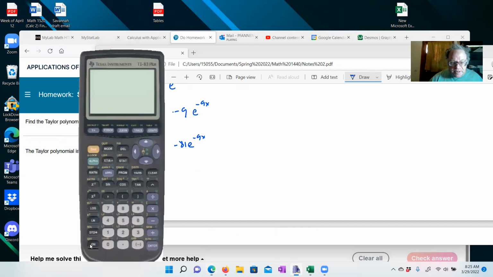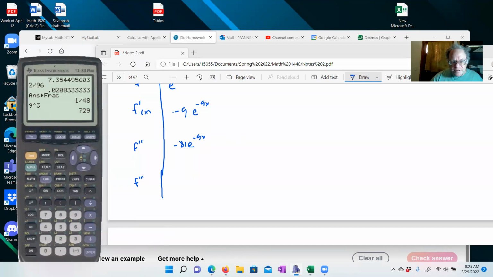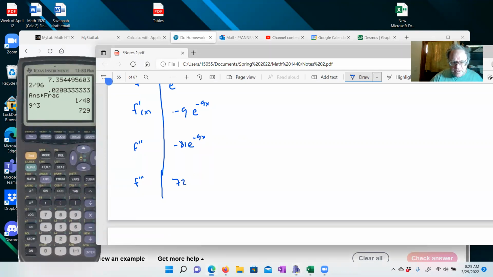This is just 9 raised to the 3rd power, 729 e to the negative 9x. Oops, this should be negative. I'm sorry. The last one was positive because we took the derivative of negative 9. This one will be negative because the negative will come down.